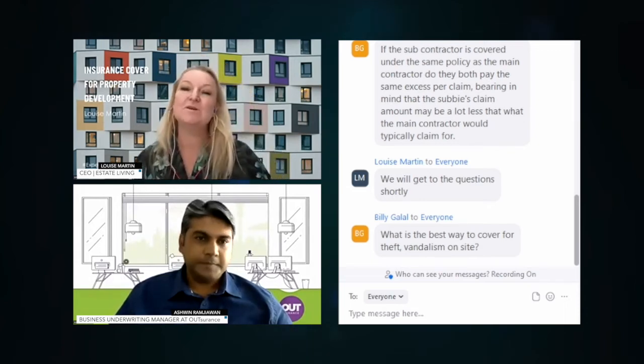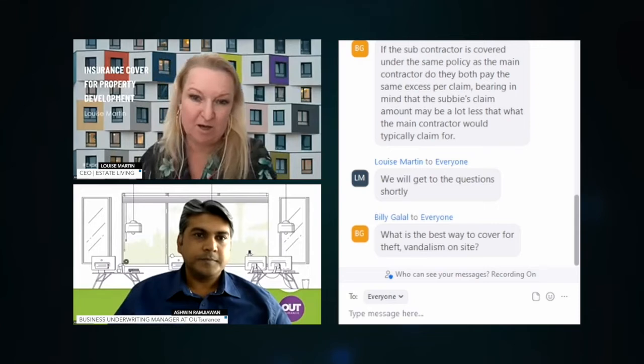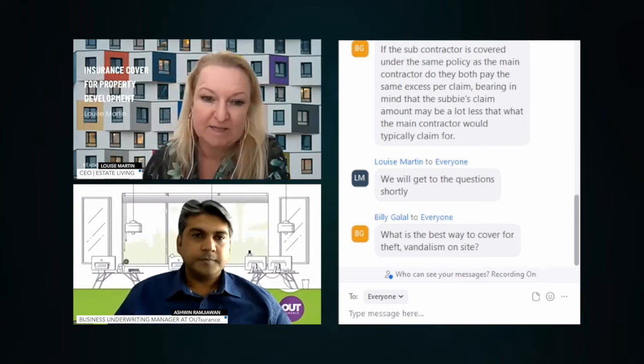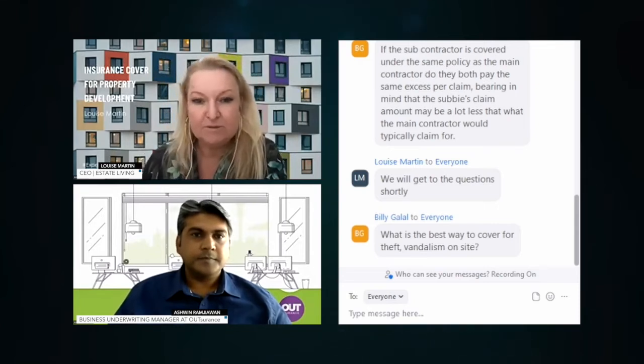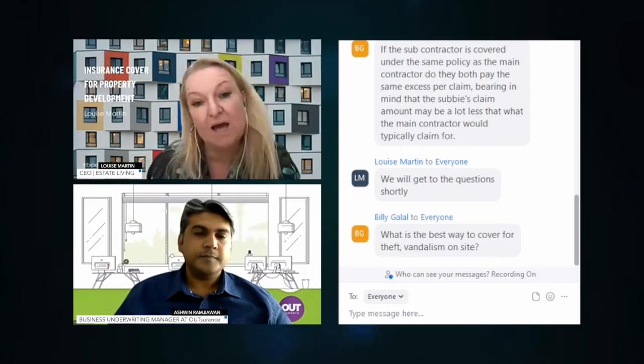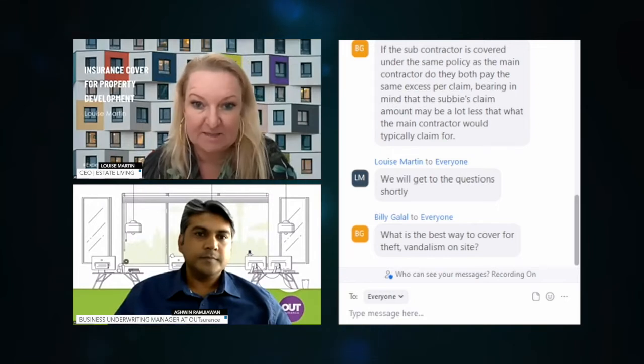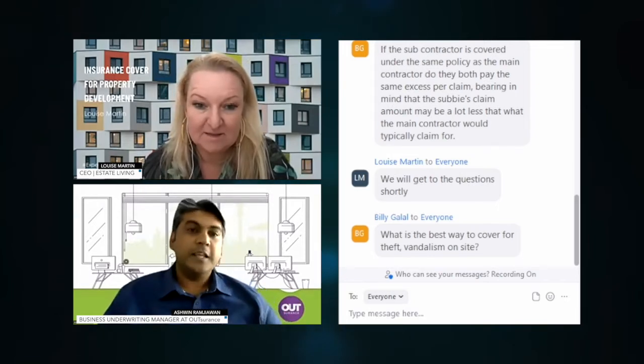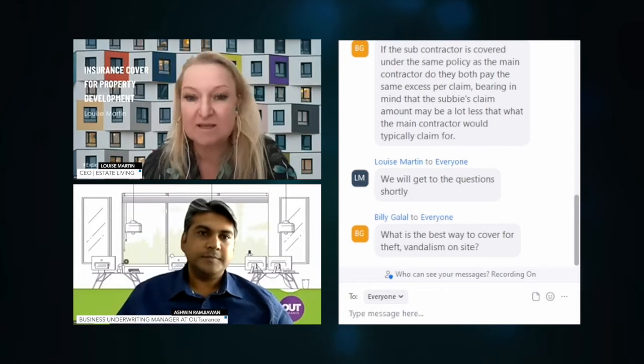Okay. So if I, as the developer, take out a policy that covers my subcontractors and something happens to materials or them, I, as the developer, am liable for that excess. Yeah, the insured in that case. Okay.